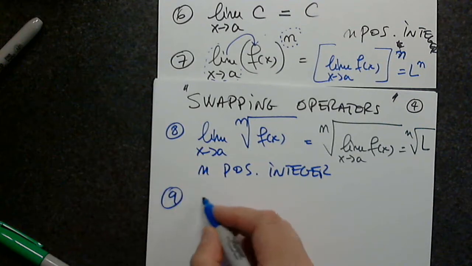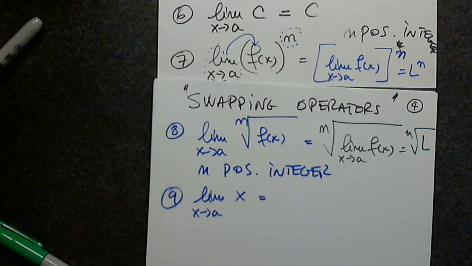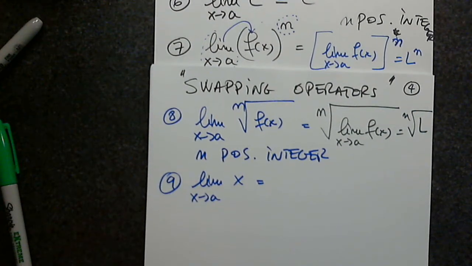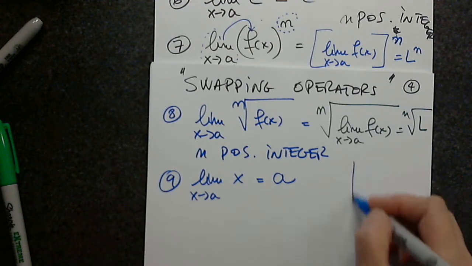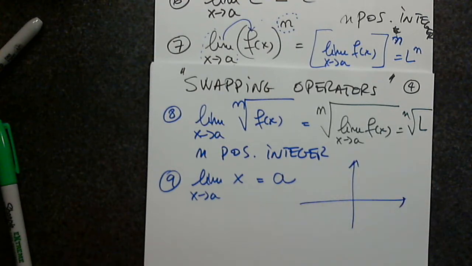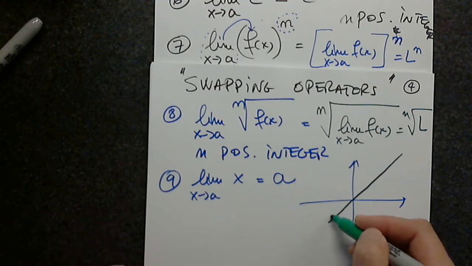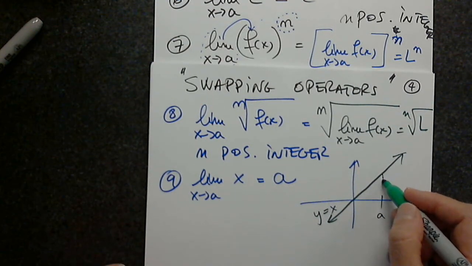Nine, limit of x as x approaches a. Again, I don't think this should be a limit law, but it is, so what is the answer? A. Exactly. So here's the example. Here's the graph. When we graph y equals x, this is the graph, and let's say this is a.